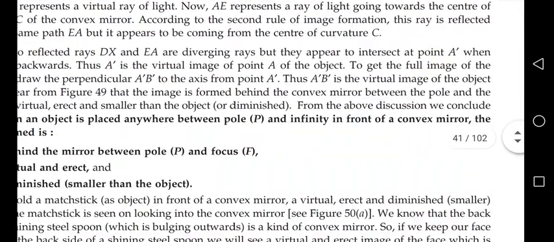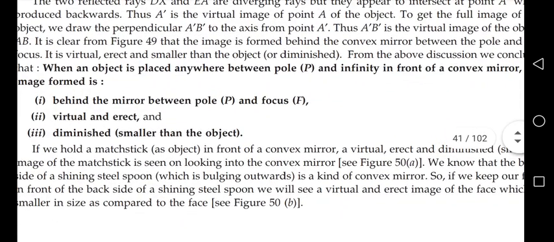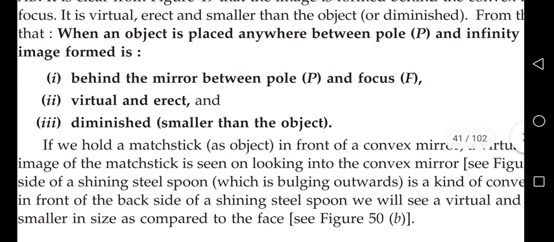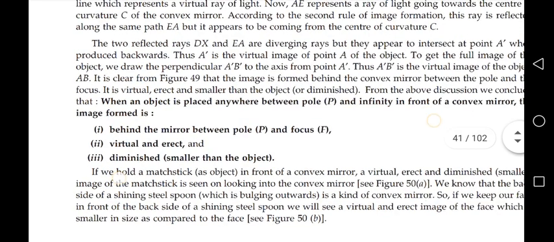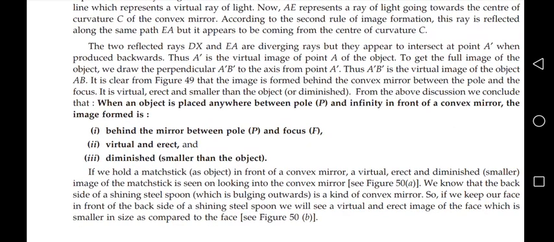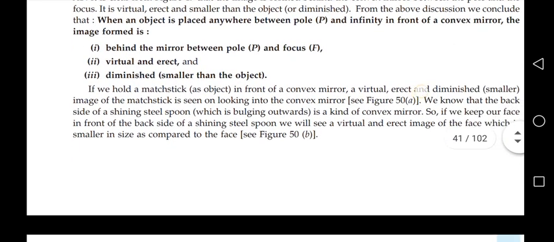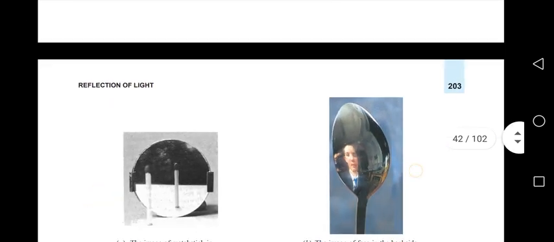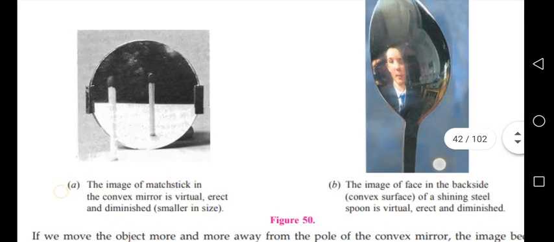So these are the three observations. First one is the image is formed behind the mirror between pole and focus. Second observation is it is virtual and erect, and third observation is it is diminished, which means it is smaller than the object. These are the three observations that you should keep in mind in case of a convex mirror.